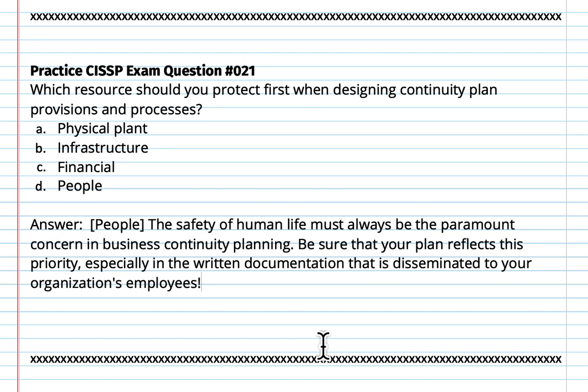So when you're dealing with CISSP questions, unless it's a negative type asking specifically, this is not the best time to do that, or this is not the first priority, the answer would almost always be people. So think about that. Don't just jump on it, but make sure you read the question fully. But again, people, the safety of human life, must always be the paramount concern in any sort of business continuity planning. It just must be. And I deal with this on a daily basis. It always is about the people and protecting them and your employees.